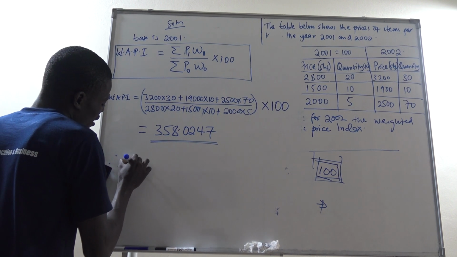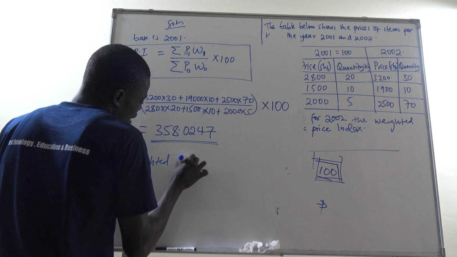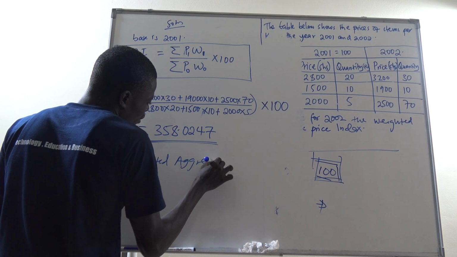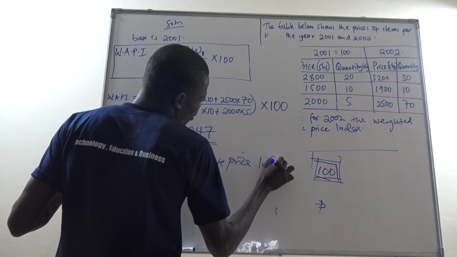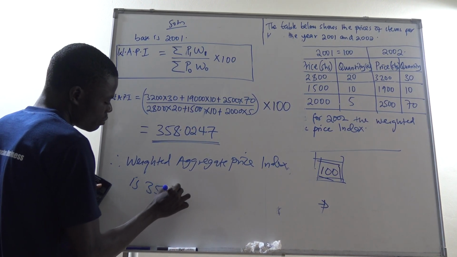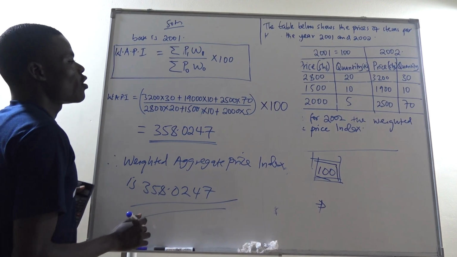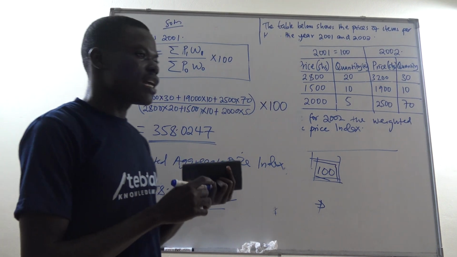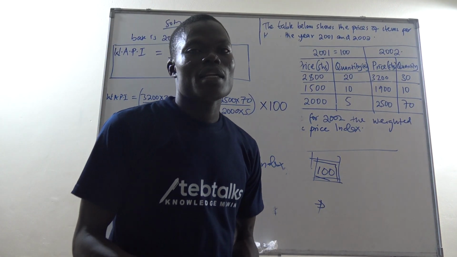So my weighted aggregate price index is 358.0247. So this is how we calculate the weighted aggregate price index with two different quantities. Thank you.